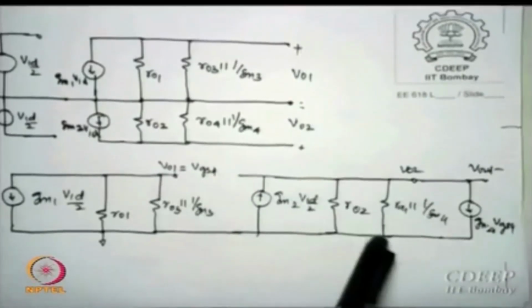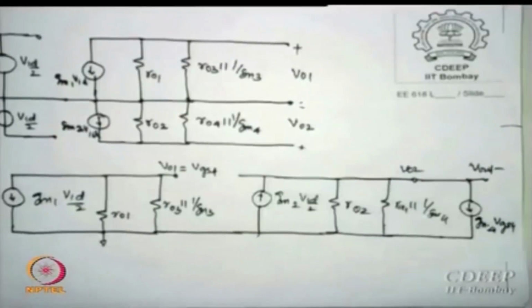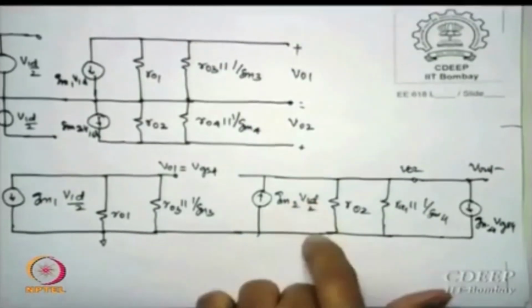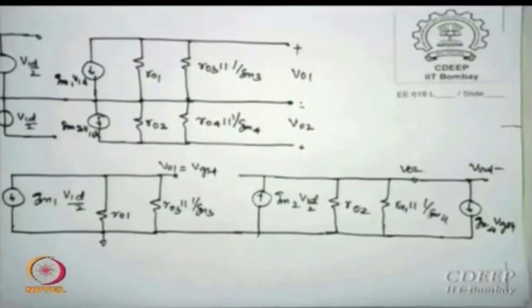So apart from the first, the output due to M2 is coming from the GM2 VID by 2 source. What is the resistance it is going to see? RO2 parallel with the upper RO4, 1 upon M4.